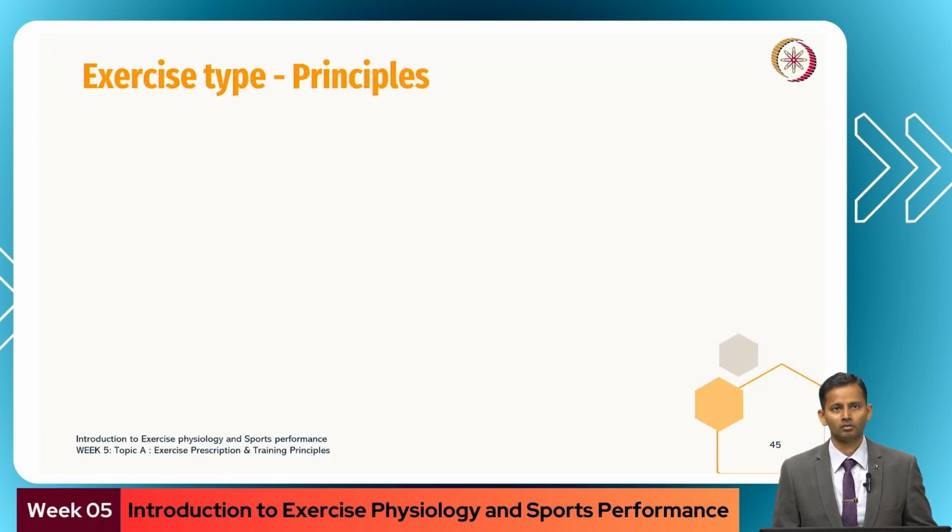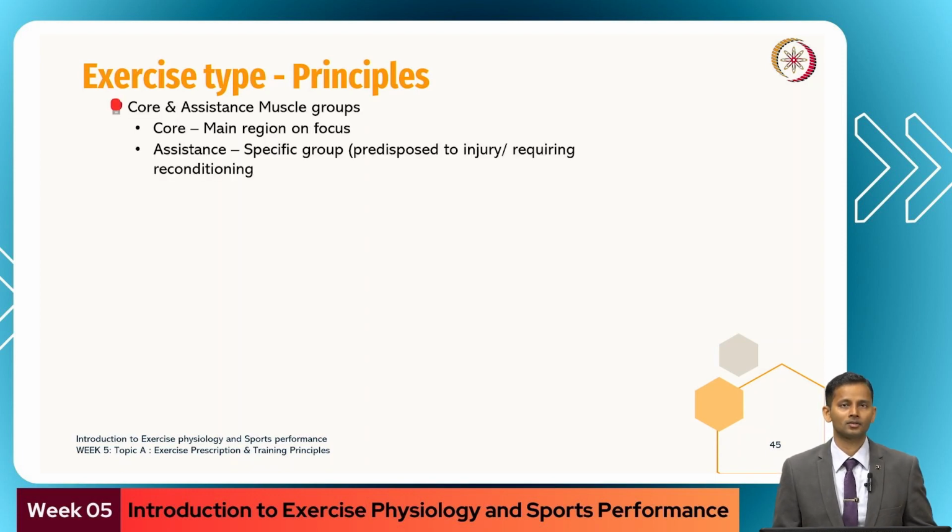Okay. So a few other important principles that one needs to incorporate in the exercise prescription are, with respect to the resistant training, you can divide the muscle groups into core muscle groups and assistance muscle groups.